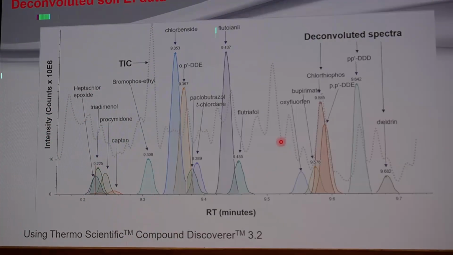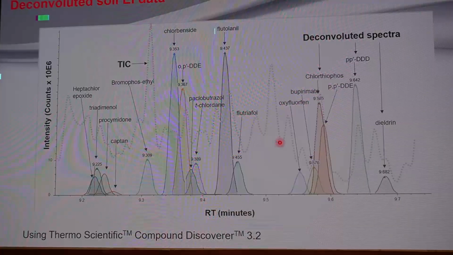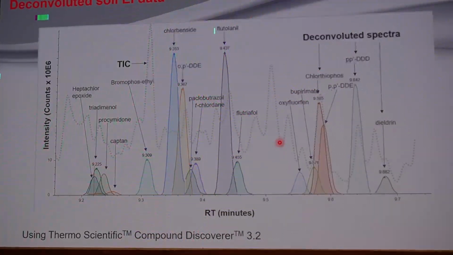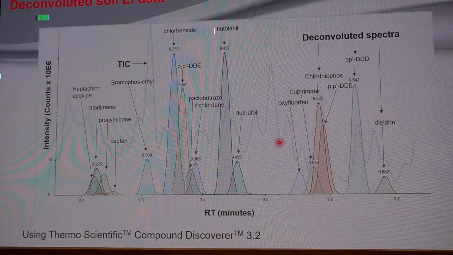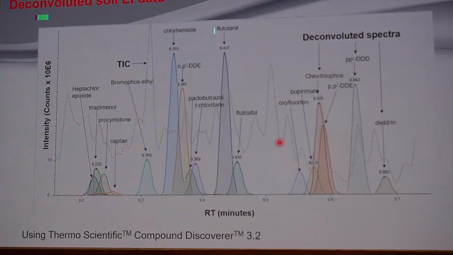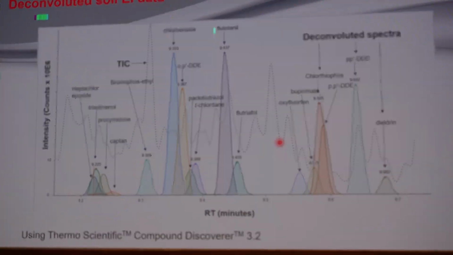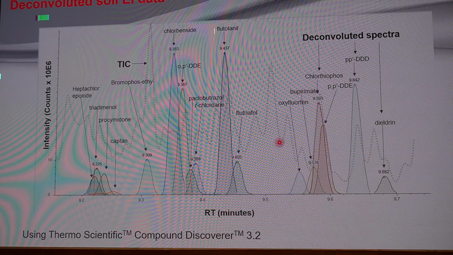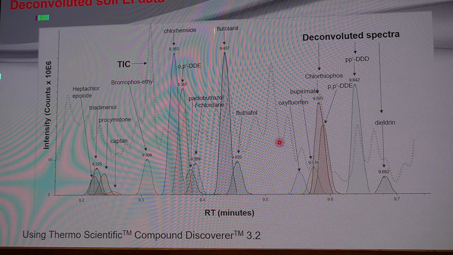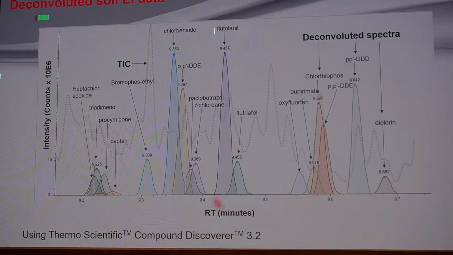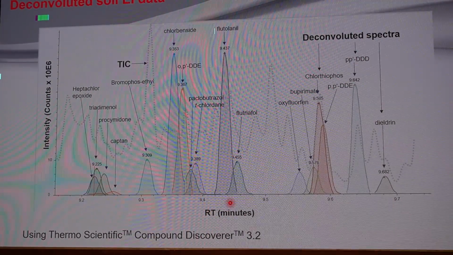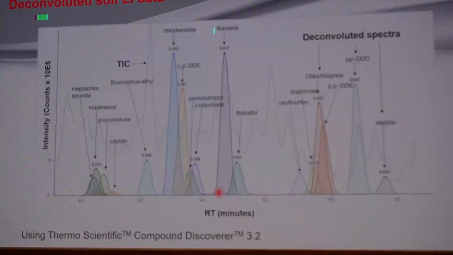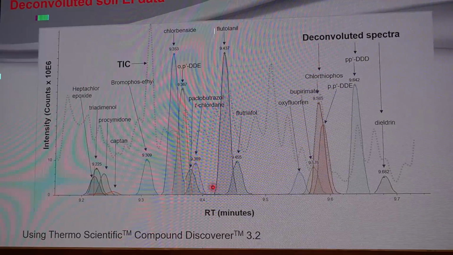So when you process the same data through Compound Discoverer or any other software like TraceFinder, you can get the deconvolution pattern, and the software will automatically predict, based upon accurate mass, where your expected signal is. Based upon that expected signal, you will get the extracted ion chromatogram in terms of color combination. That is basically called the deconvolution of your data.